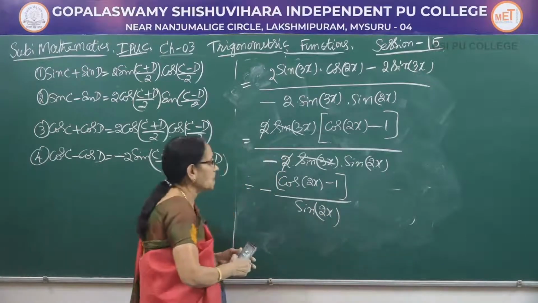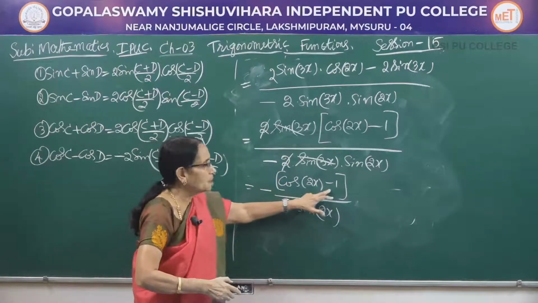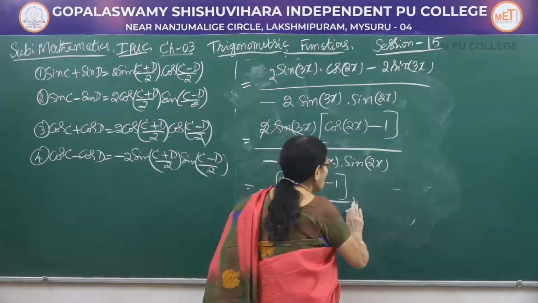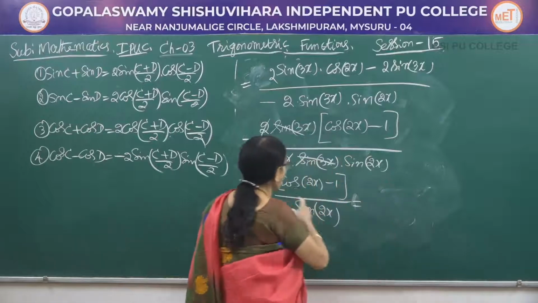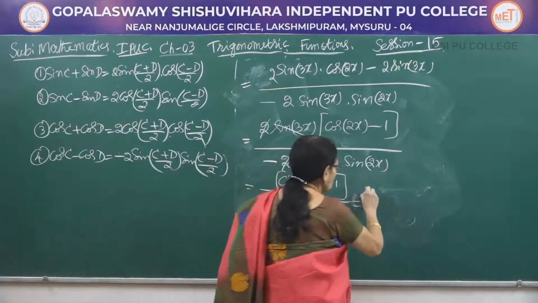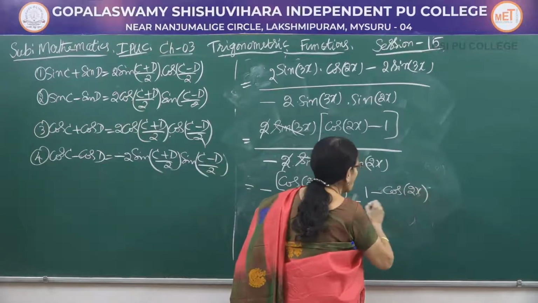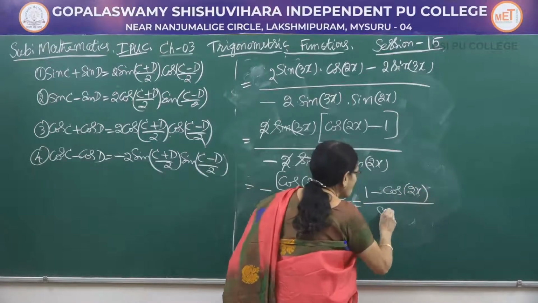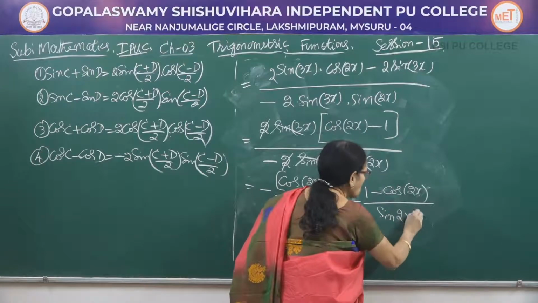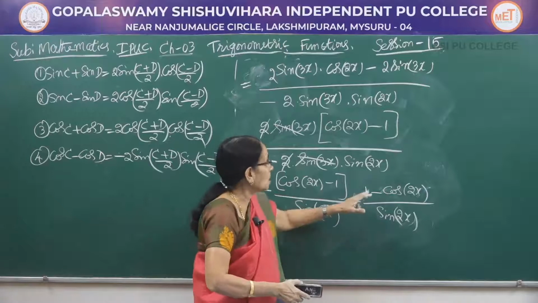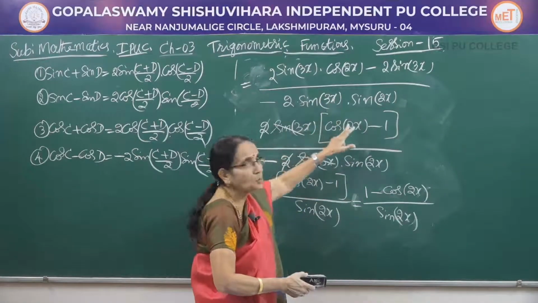Now both the terms of the numerator I am multiplying by the minus sign. So automatically they change their signs. This minus 1 becomes plus 1, the other one becomes negative. It is 1 minus cos 2x divided by sin of 2x. Because I want the right hand side tan x here. Now see, first we made use of the transformation formula.